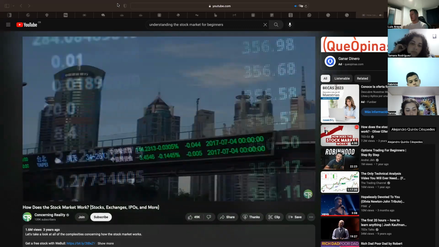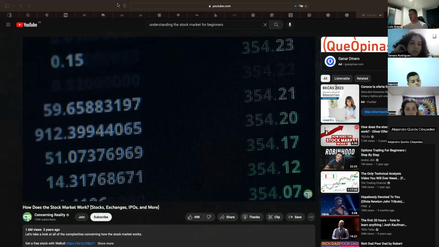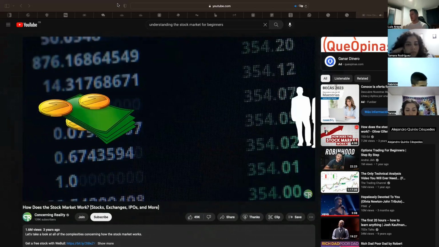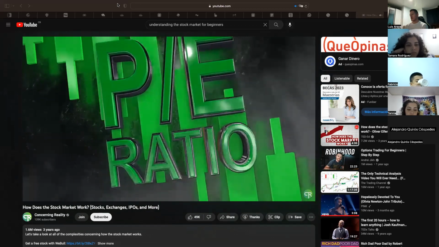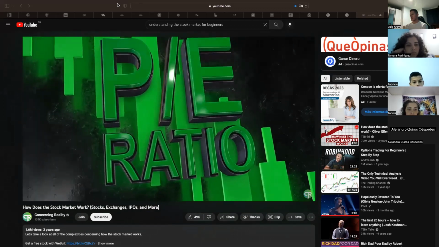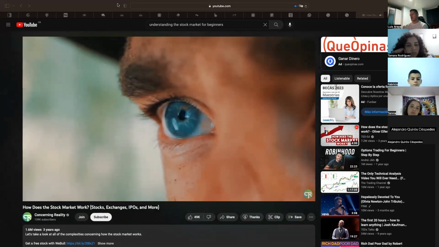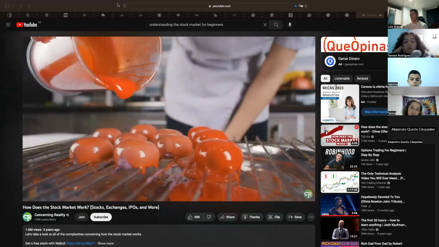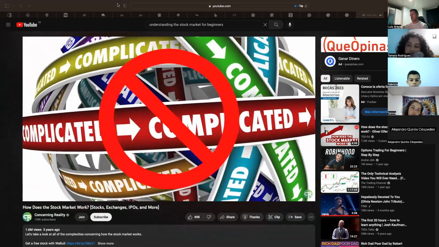Usually prices will fluctuate based off of public opinion, but the more concrete trends and fluctuations are usually dependent upon a company's earnings and operations. These can be measured by PE ratios, or price to earnings ratios, as well as a variety of other metrics. This is usually where casual investors get scared and their eyes start to glaze over. But fear not, it's not as complicated as it sounds.